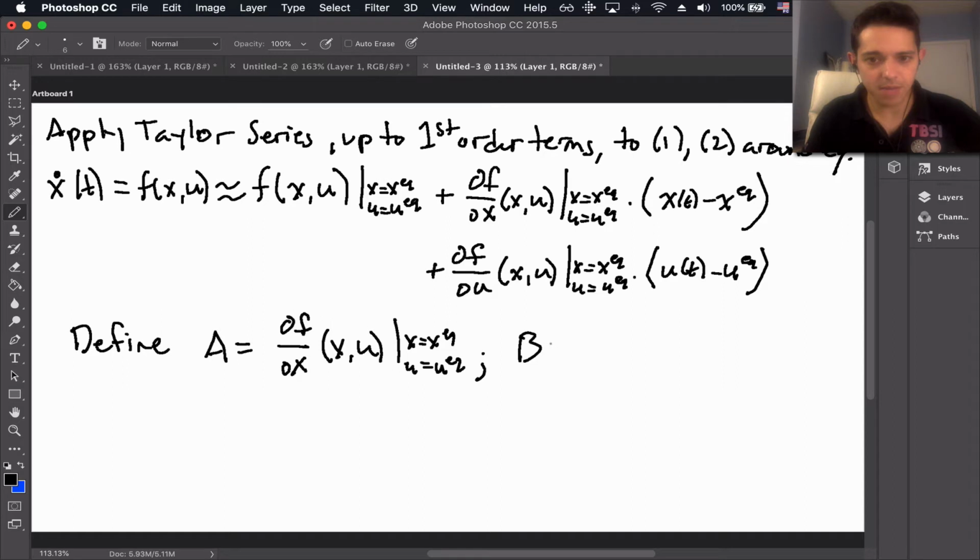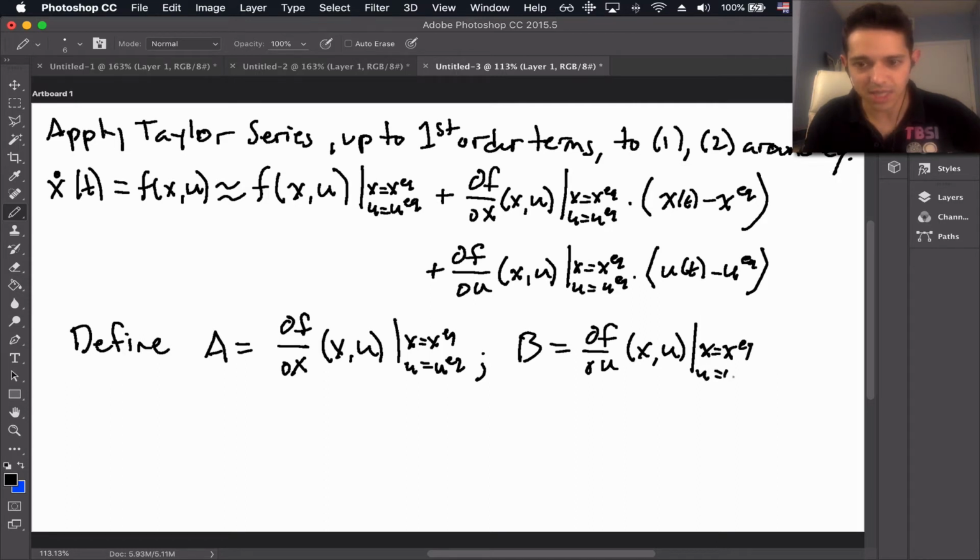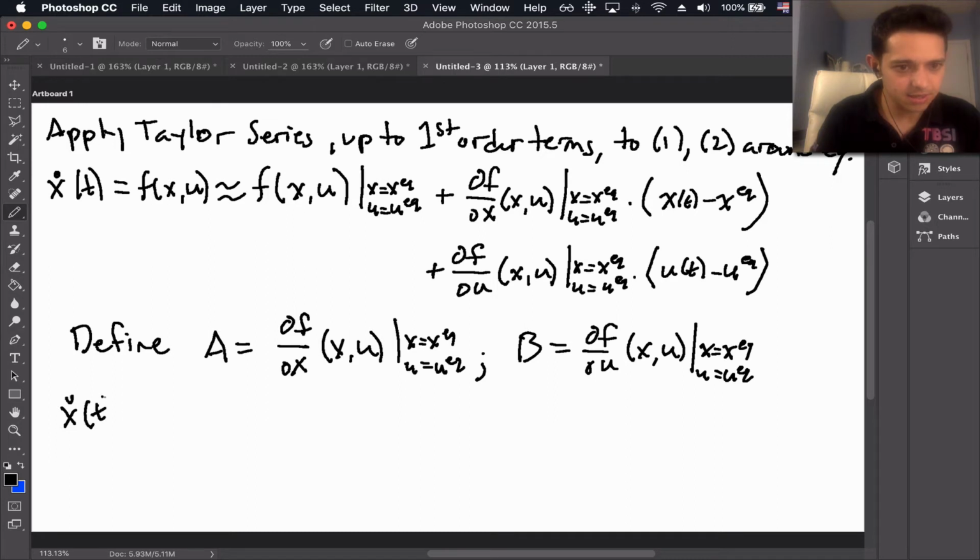And similarly, I'm going to define B to be the Jacobian with respect to u. Now, although I'm writing all this notation, these derivatives evaluated at these equilibrium points, in the end, A and B are just matrices or vectors with elements that are comprised of constant values. Okay, so they're just numbers.